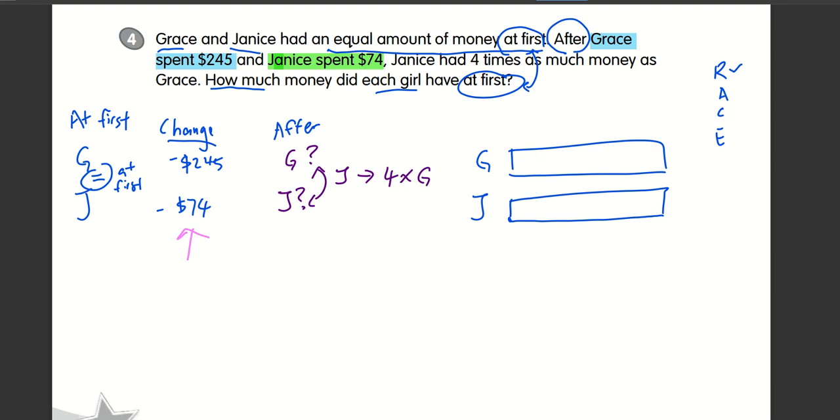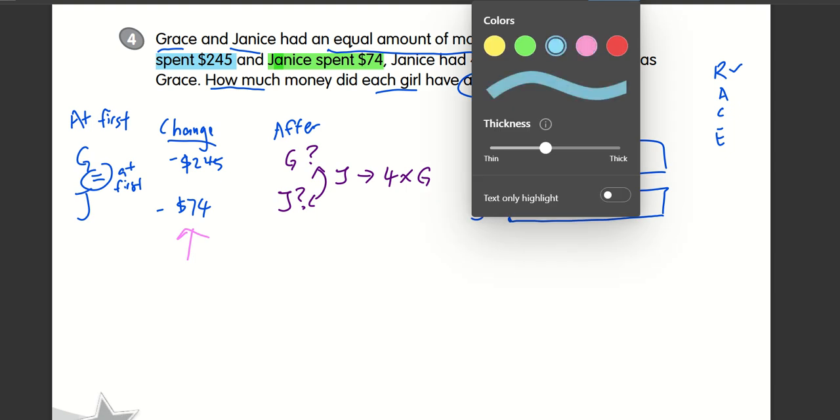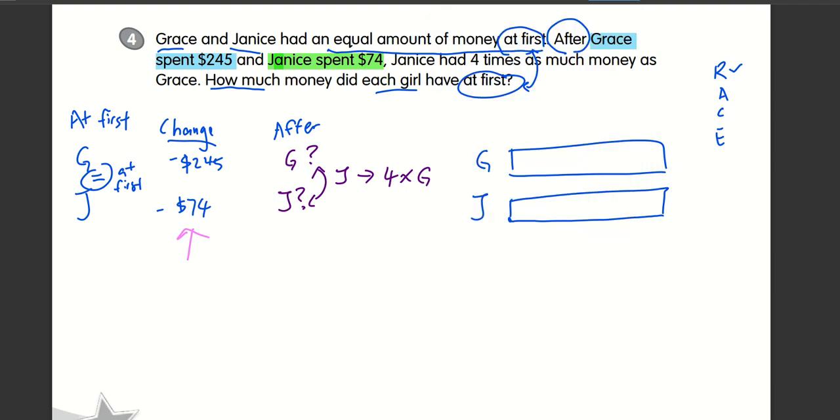Now let's take a look at the part about spending. We established that Grace spent more. So let me use the blue highlighter to say that this is the spending. She spent an amount that is more. It's a bit difficult to draw on the device, let me try to improve this.